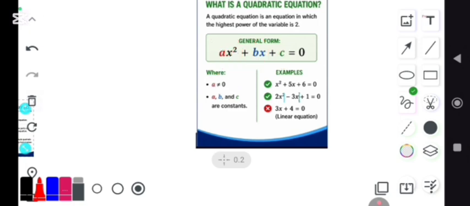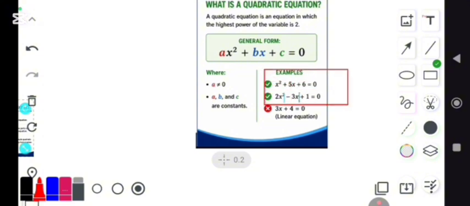Next thing again I want you to note is that your A, B, C are all constants. In mathematics, constants are numbers that have no variables attached to them. They are like 1, 2, 3, 4, etc. and many others. Now, I also want to show you examples of quadratic equation in addition to the ones I've done so far.